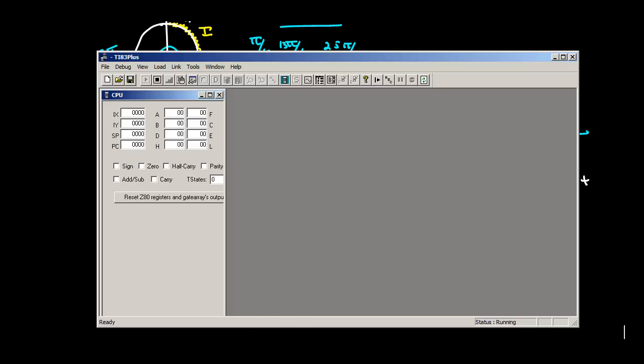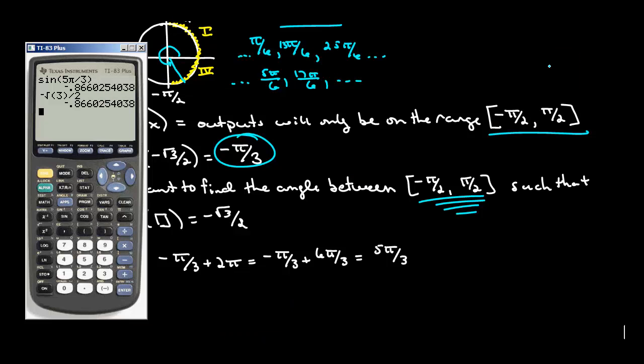And so again, if we take the sine of negative pi over 3 on the calculator, we get the same number. Now your calculator will generate these values for you, but I wouldn't trust the calculator to give you exact values. For example, if we hit the second key and then sine, it'll say arc sine.